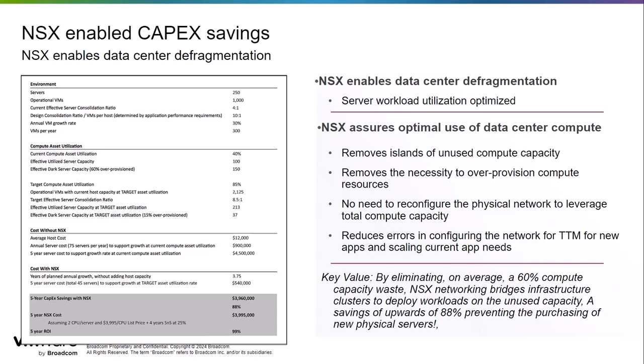On the left, you see an example of how NSX can lead to CapEx savings, showing the difference between the 5-year cost without NSX versus with NSX, and in this example, leading to an 88% reduction in CapEx.